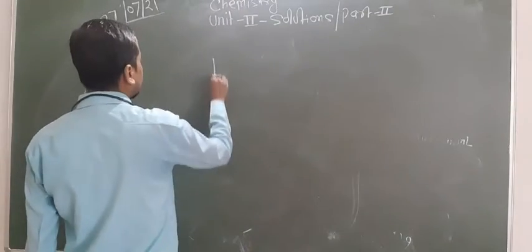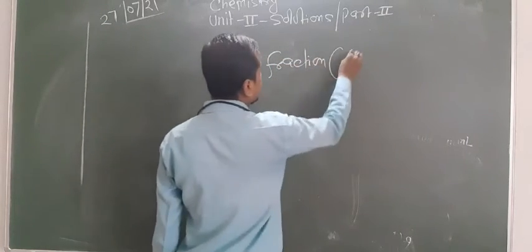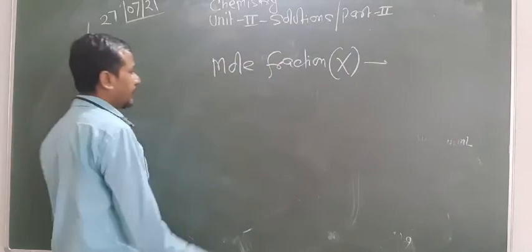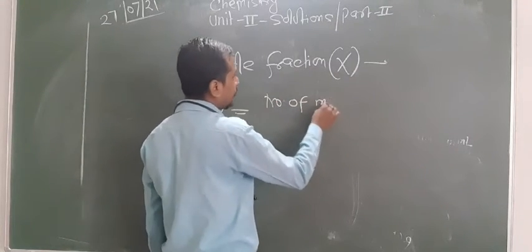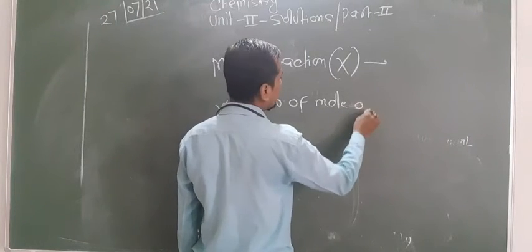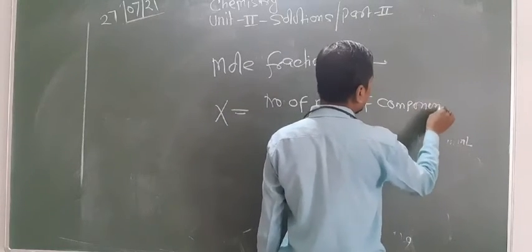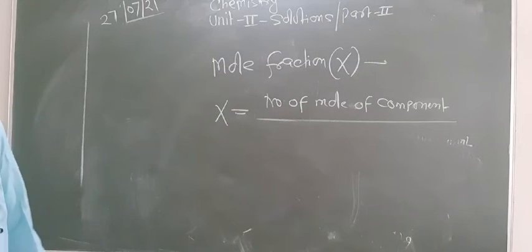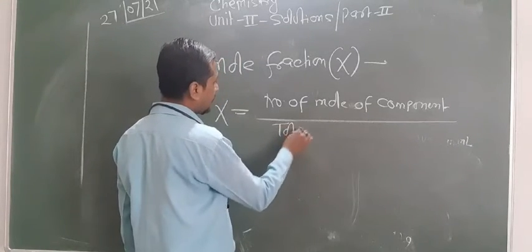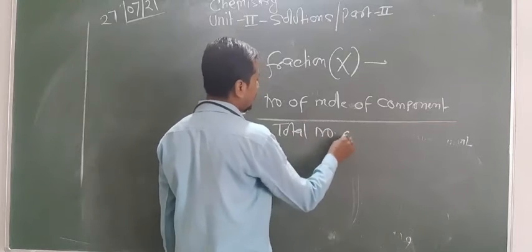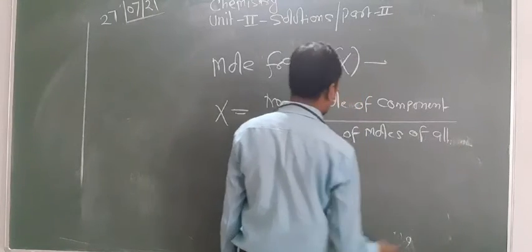Now let us focus on another method of concentration, that is known as mole fraction, simply written as X. Mole fraction is defined as the number of moles of a component divided by the total number of moles of all components.